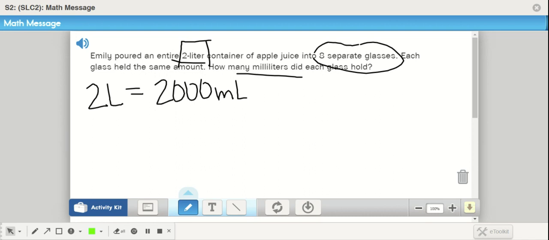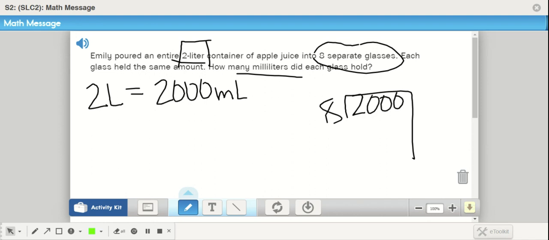So knowing that, now we have to divide that into the 8 different glasses. So we have 2,000 divided by 8. Okay, so we can start with our friendly numbers. We could start with 10. 8 times 10 is 80. Well, that doesn't get us close in the slightest.